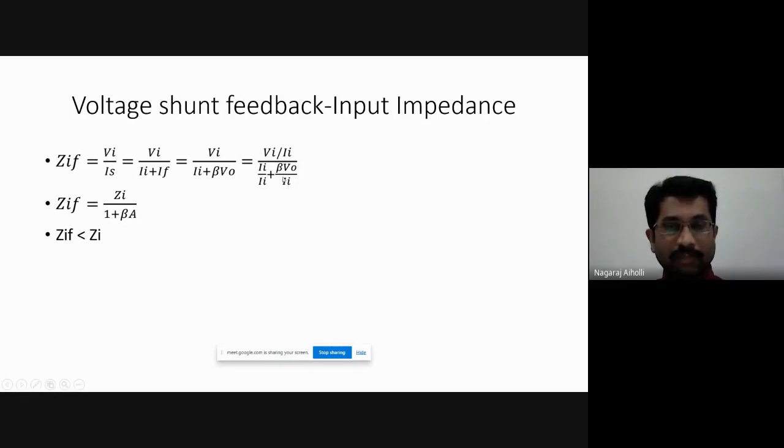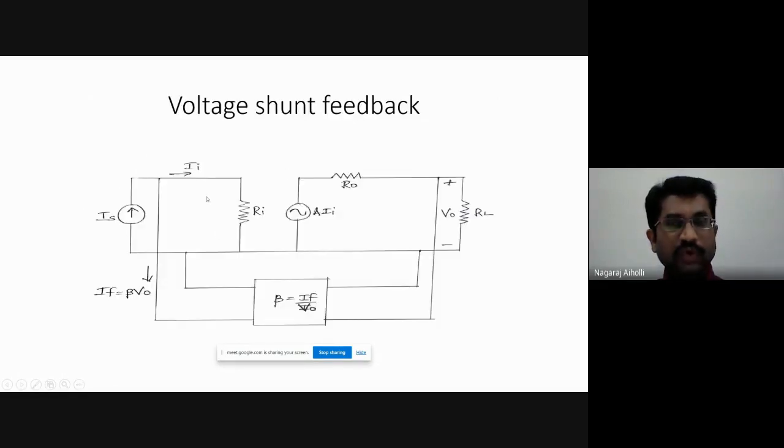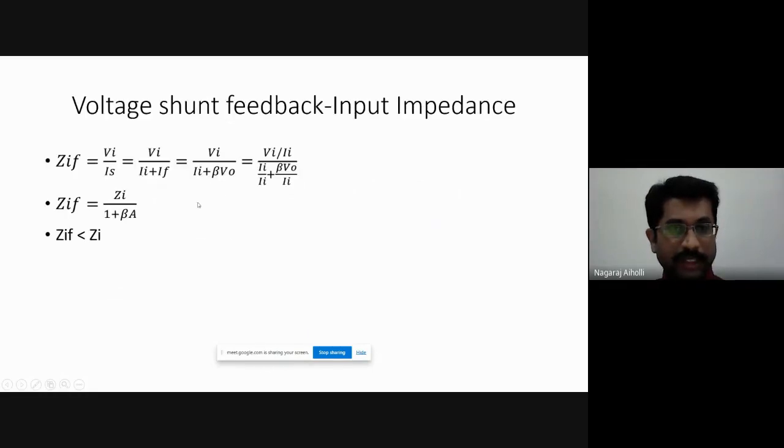Here Vi by Ii is the input impedance without feedback, where Vi is the input voltage and Ii is the current entering the resistance Ri. So Vi by Ii is Zi, the input impedance without feedback, divided by 1 plus beta V0 by Ii.